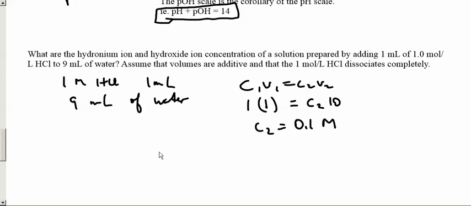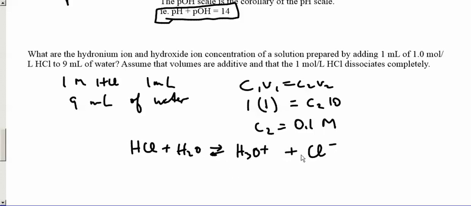So that tells me that if I look at this reaction here, HCl plus some water, giving me H3O+ plus some Cl-, if this is 0.1 molar and it's a strong acid, it's going to completely break apart. Means I really shouldn't have 2 arrows back and forth. I should just have the 1. Means that this concentration will also be 0.1 molar.